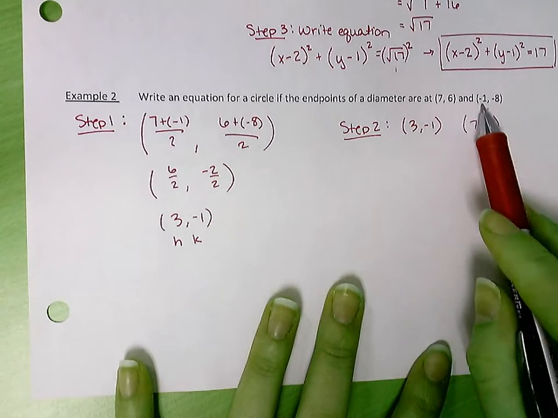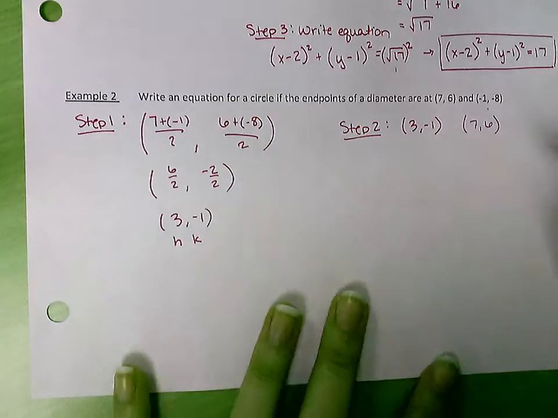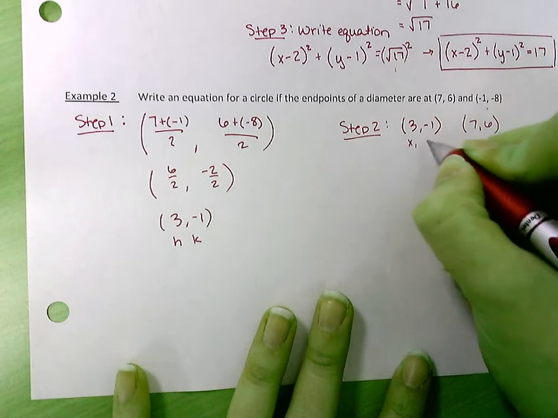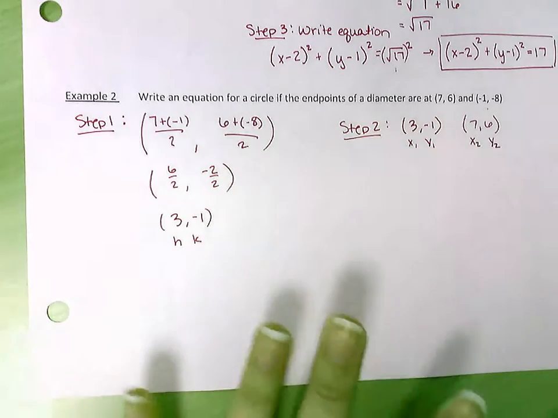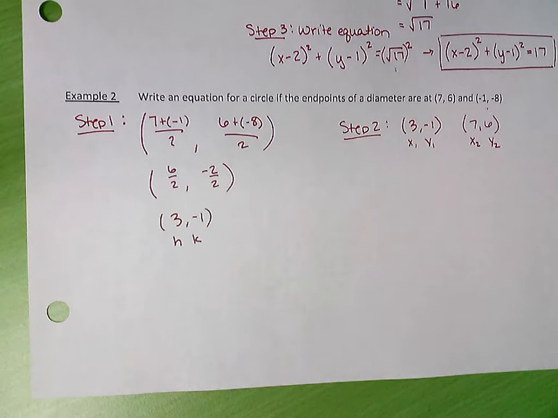You just pick one of these two. So I can label my points x sub 1, y sub 1, x sub 2, y sub 2, and then plug it into the distance formula.